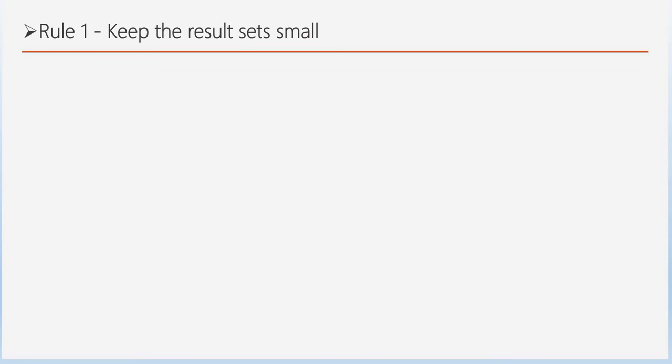About the first one, keep the result set small. Do not retrieve rows from the database and discard them on the application server using check or exit. Meaning that if you are retrieving some amount of data and discarding it on the application server, what is the need of retrieving all the data from the database?